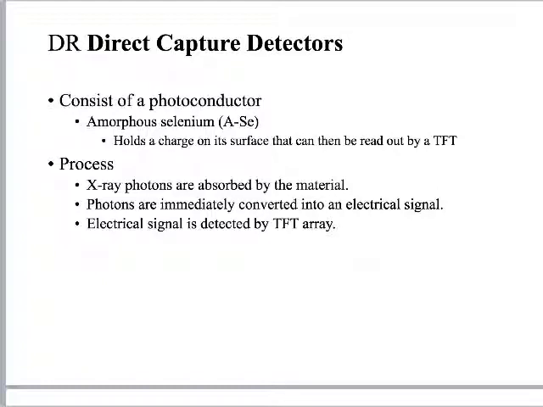Direct capture, it interacts with something in it, and it just got it. That was it. No lasers, no blue light, none of that. The X-ray hit it, and it's got it. Direct capture. Pretty nice. It's going to use amorphous selenium to do this.